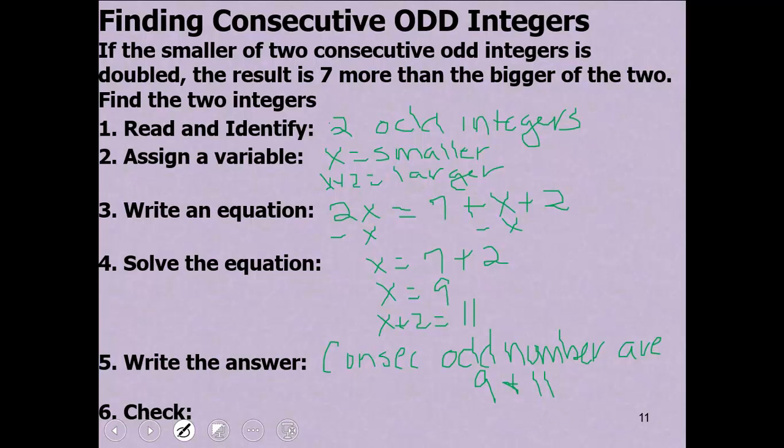If I check it, I go back to this equation. 2 times x is 18 has to equal 7 plus x, which is 9, plus 2. 7 plus 9 is 16, plus 2 is 18. So I get 18 equals 18. Check.